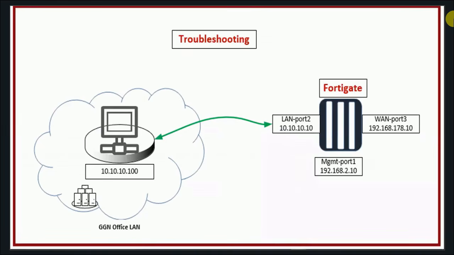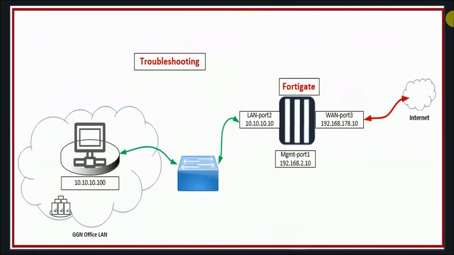Suppose this is your actual topology in your office, and obviously there would be switches and routers coming in between. The first thing is that you should be aware whether traffic is reaching your Fortigate or not. Suppose this person is saying that I'm not able to access the internet, or this person wants to go to the DMZ and is saying that I'm not able to access the DMZ server.